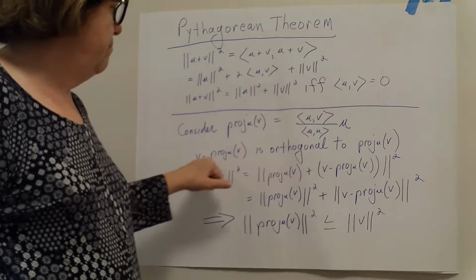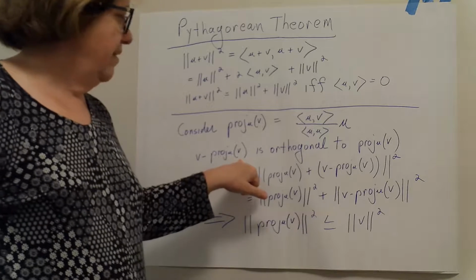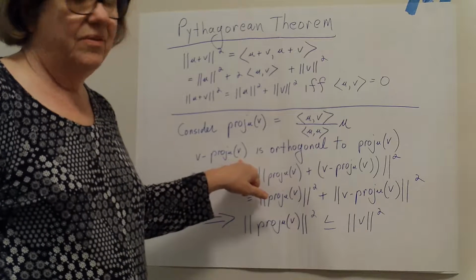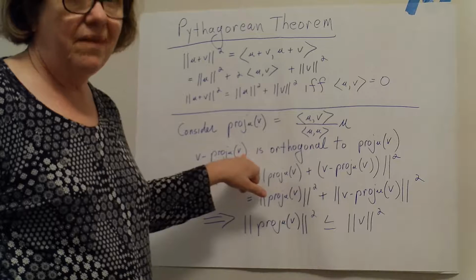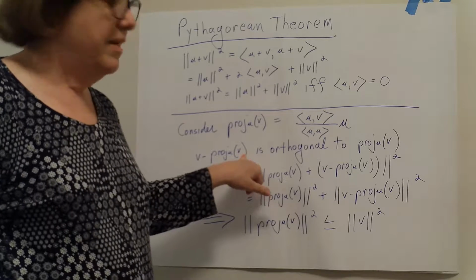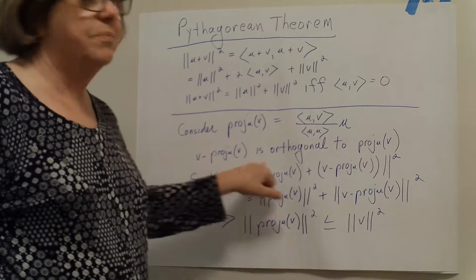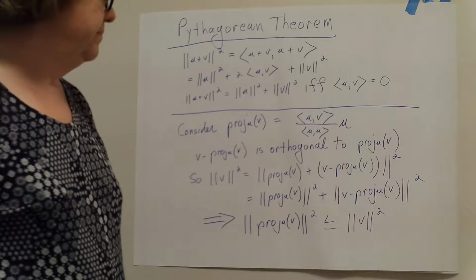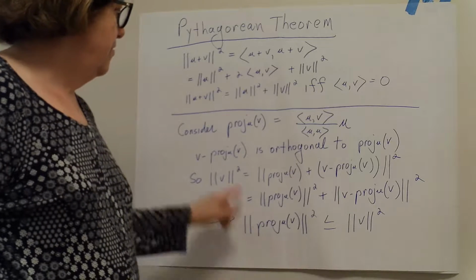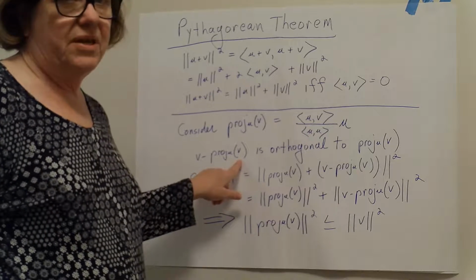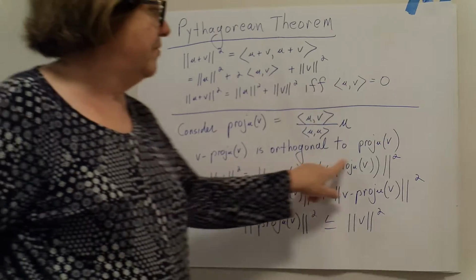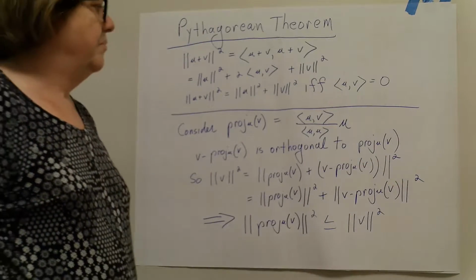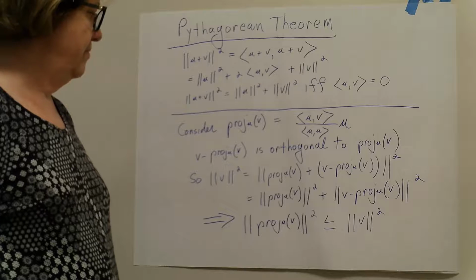So now v minus the projection of v on u is the component perpendicular to u.